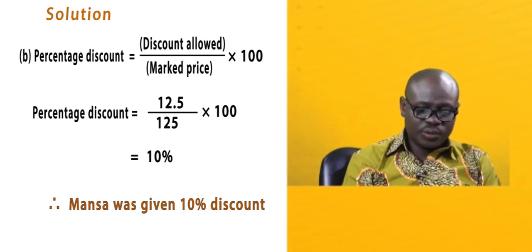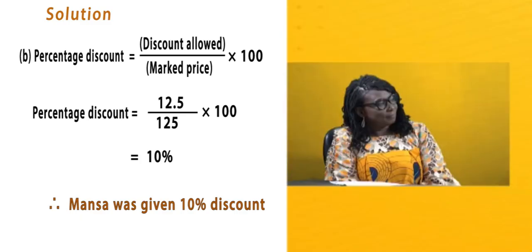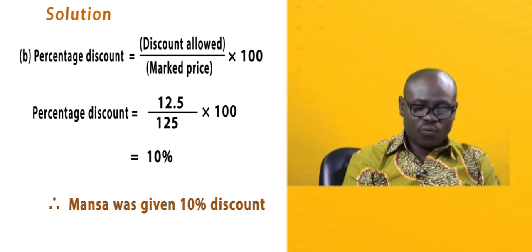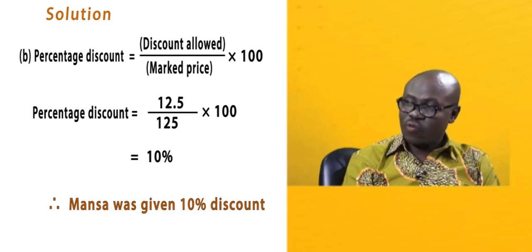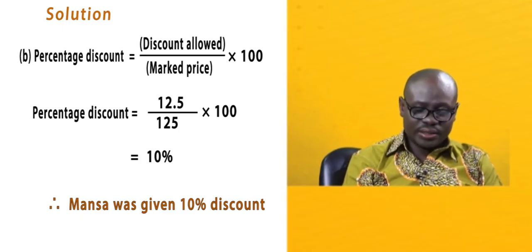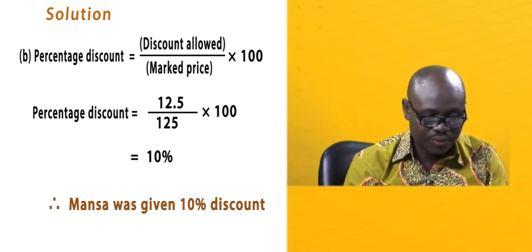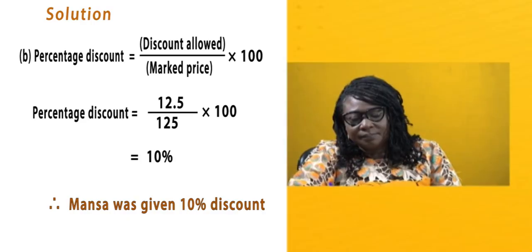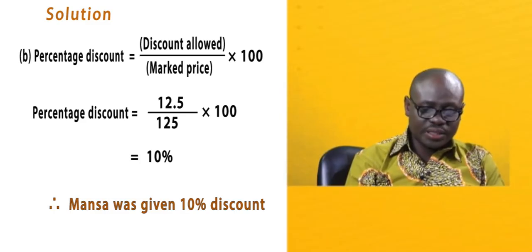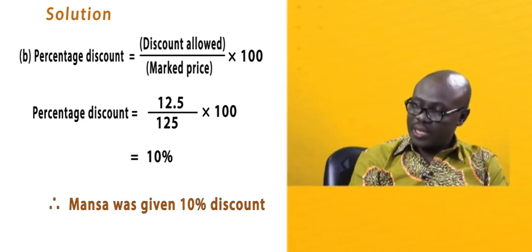Now, when we substitute the appropriate values into our formula, we shall have 12.5, which is the discount allowed, divided by 125, and that is the marked price. And we will multiply our result by 100. When we simplify this, we shall have 10%. And this means that Mansa was given 10% discount.